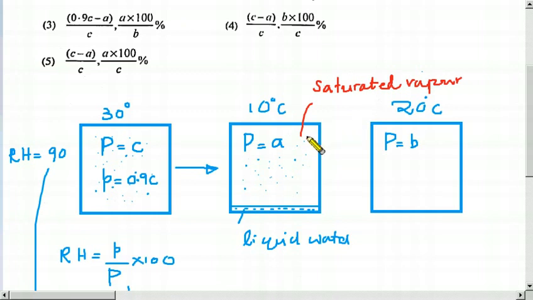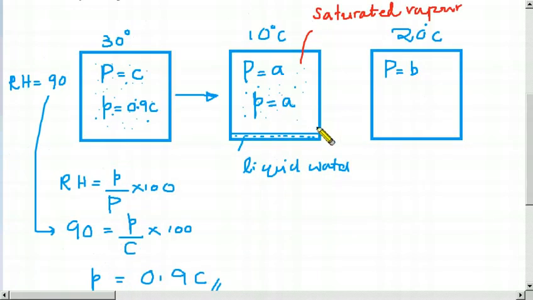So if the vapor is saturated, the real time vapor pressure, simple P, is equal to the maximum vapor pressure. It is given as A. So simple P is equal here to the value simple A. It is given.